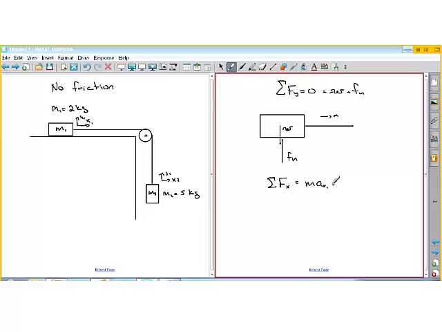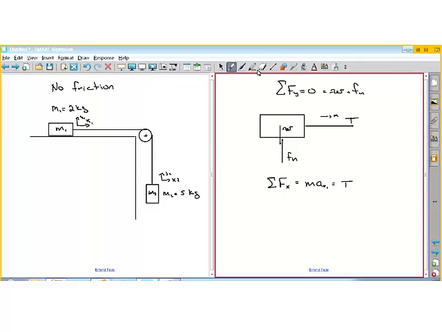The only force acting on it is this tension, capital T. If there was friction, there would be another force, but we'll worry about that in the next problem. So we have T, pointing in the positive x direction. As long as there's some tension on this cable, it's going to move to the right, and the tension is provided by this other block.